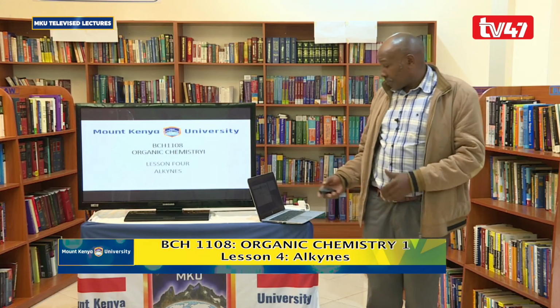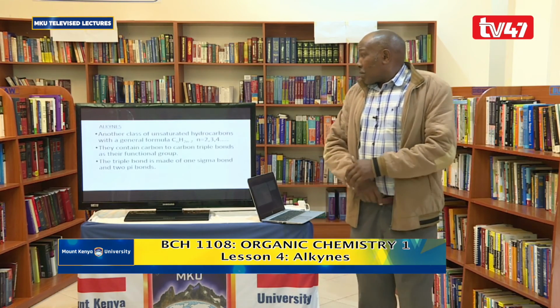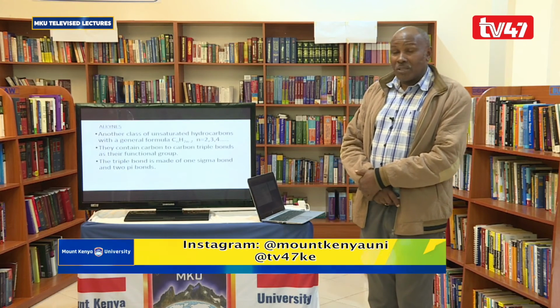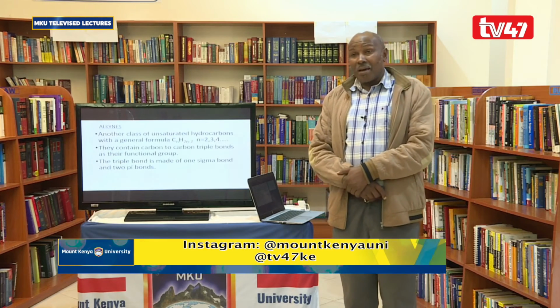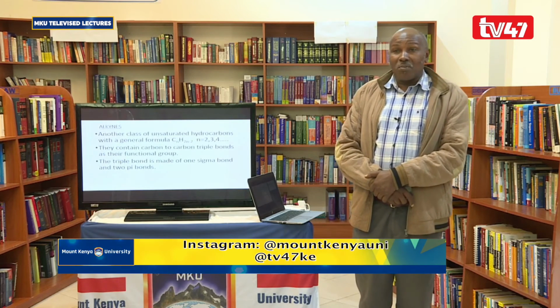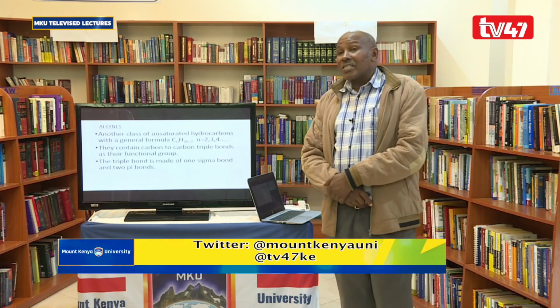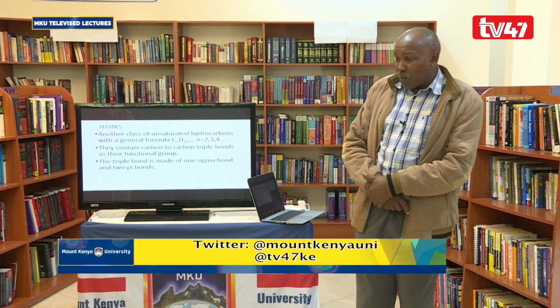Now, the content in this lesson is alkynes. Just like we mentioned when we were dealing with alkanes and alkenes, alkynes are also a class of hydrocarbons, which is differentiated from alkanes and alkenes by the presence of a carbon-to-carbon triple bond.